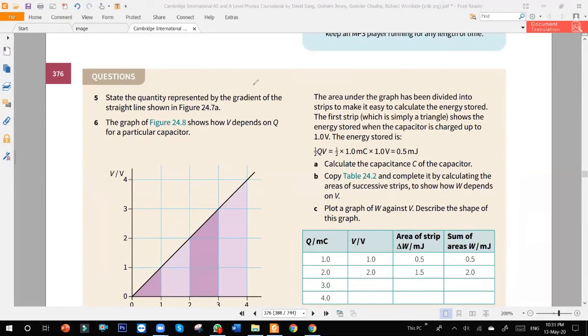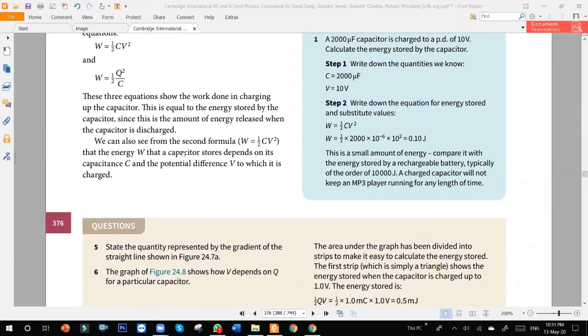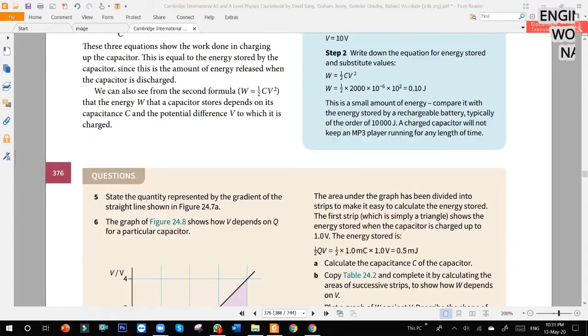State the quantity represented by the gradient of the figure 24.7. Gradient means tangent line, the gradient of the straight line shown in the figure.